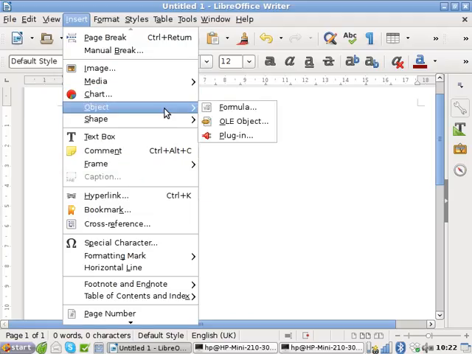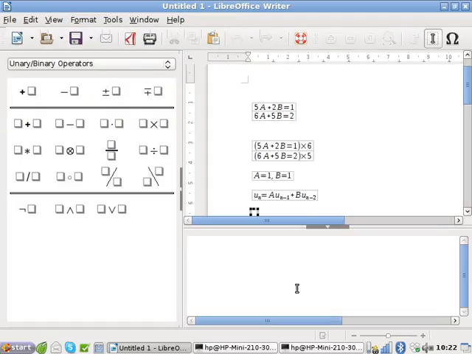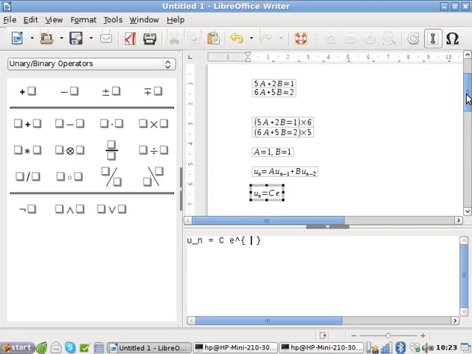Insert object formula. So again, we'll have u underscore n equals c. Guys, are you watching? C e power, and then the special brackets again. Actually, let me just scroll down a bit so you can see it.